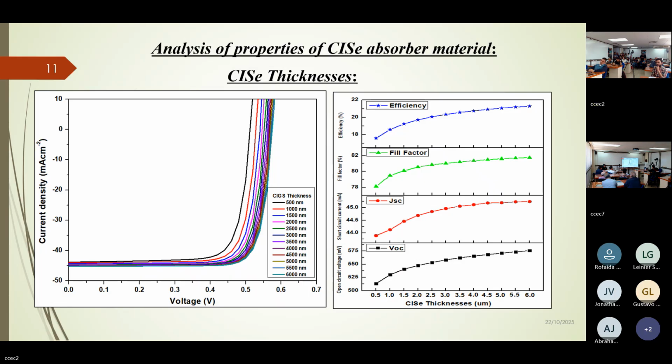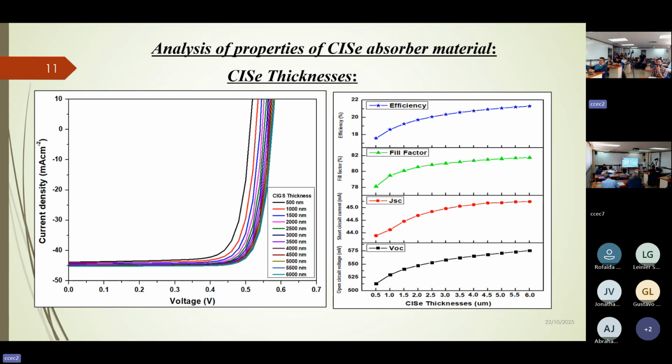Analyzing the results, all the parameters increase with increasing thickness. What happened? Once the thickness increases, the incident photons have a longer time to interact with the material, which helps generate more electron-hole pairs and increases the short circuit current density, JSC.